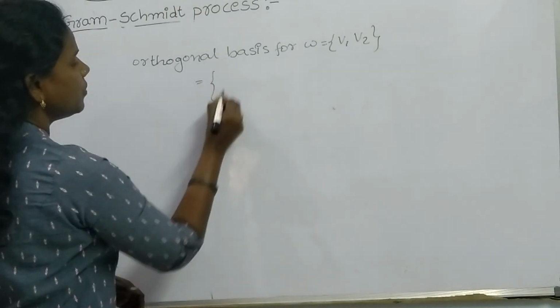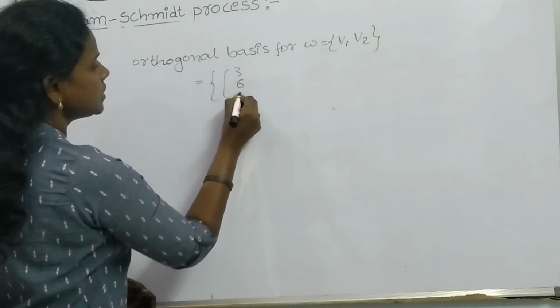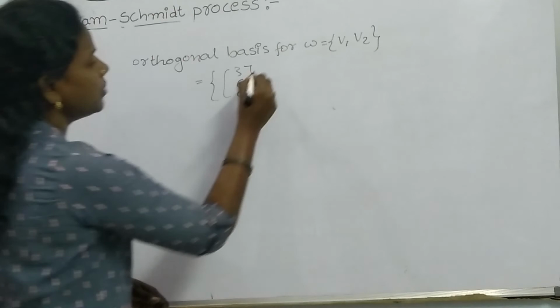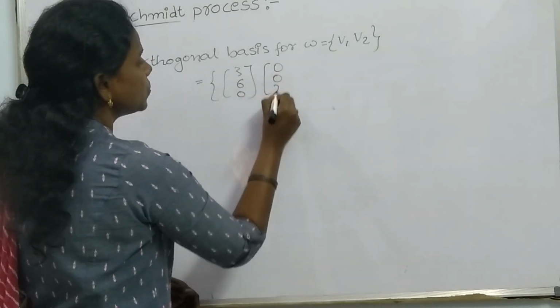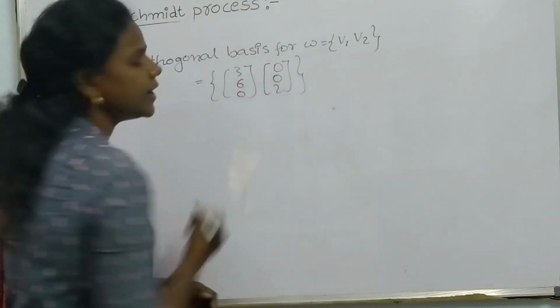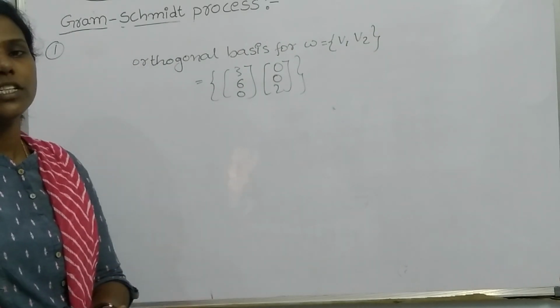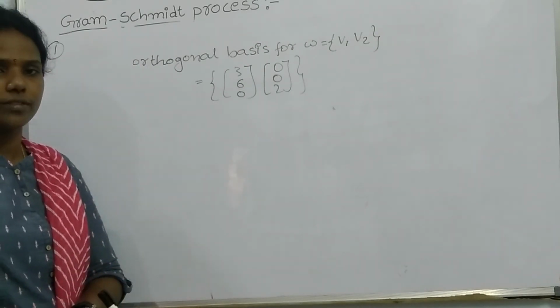So here we got V1 as (3, 6, 0) and V2 as (0, 0, 2). So like this we will find an orthogonal basis for the given vector space. Thank you.